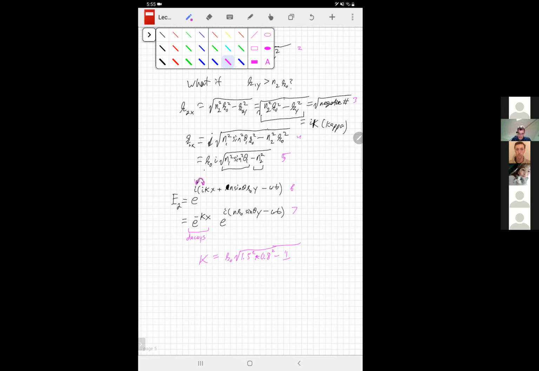So like the square root of 1.44 minus 1, or k naught times 0.66, or 2 pi over lambda times 2/3.